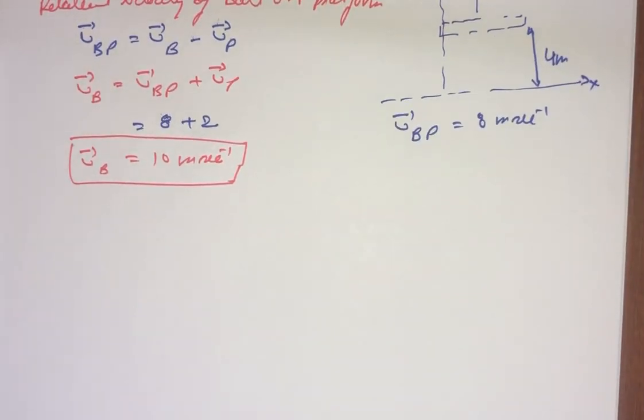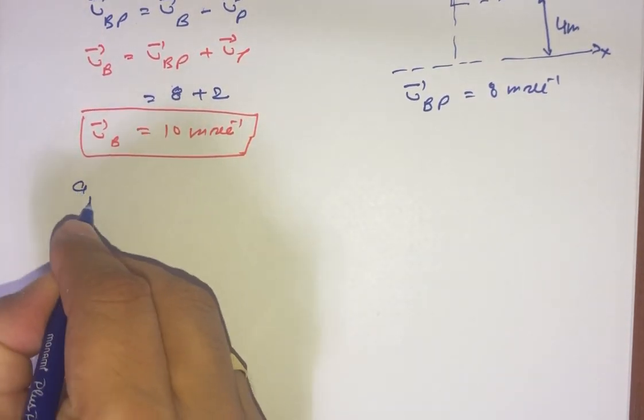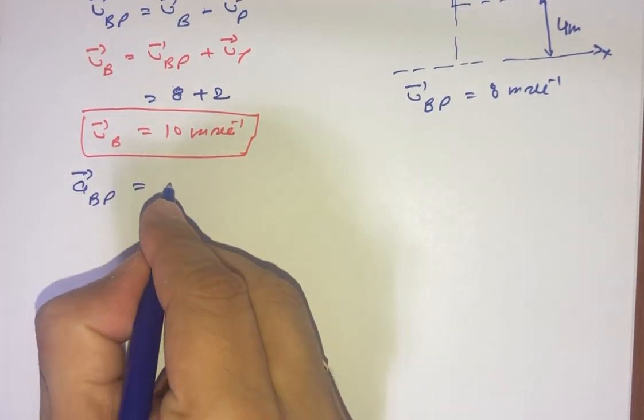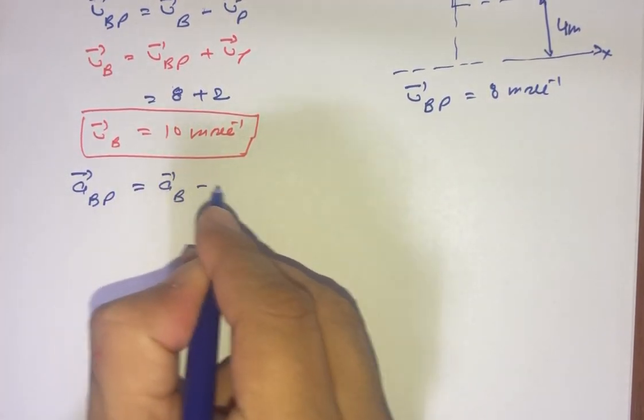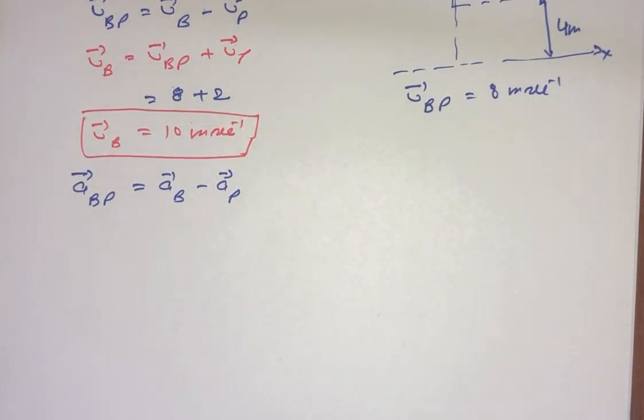Similarly, we can find the relative acceleration, which will be equal to acceleration of ball with respect to ground minus acceleration of platform. The acceleration is in the upward direction for the platform, so obviously the ball's will be in the negative direction.